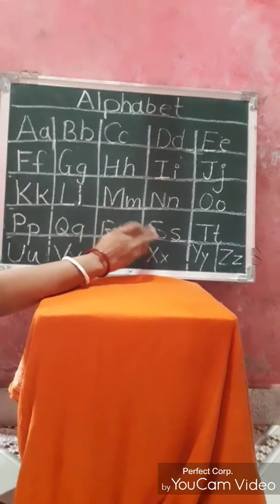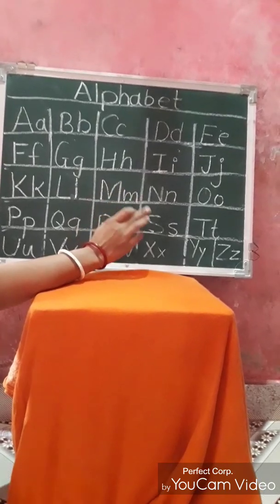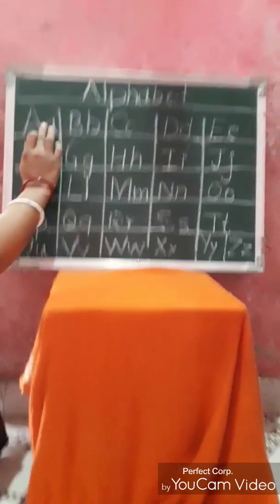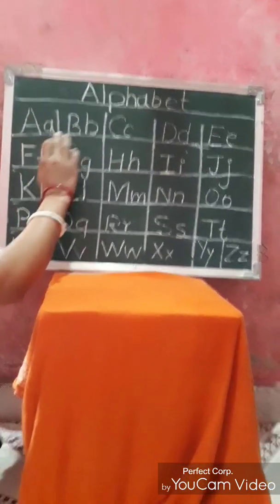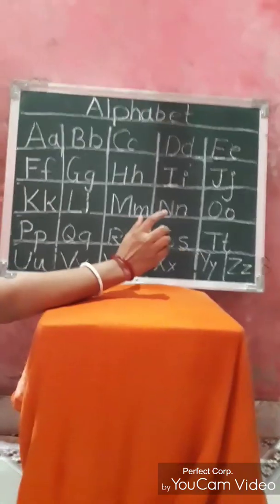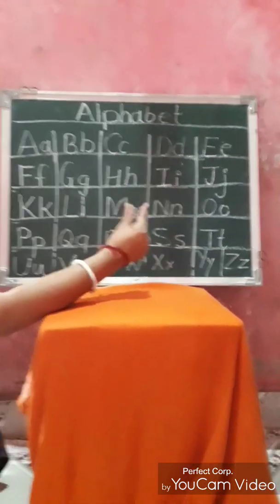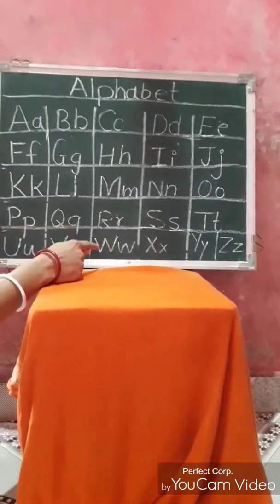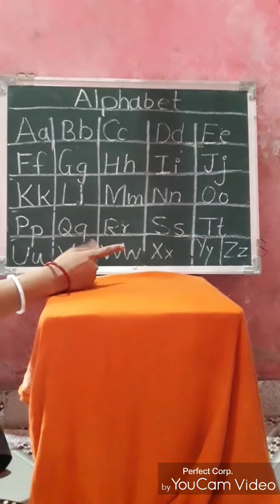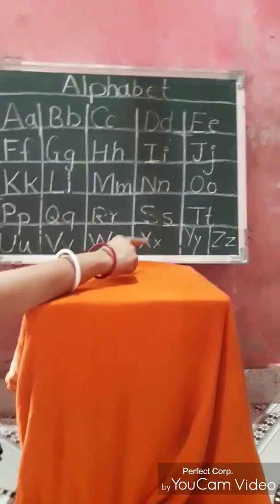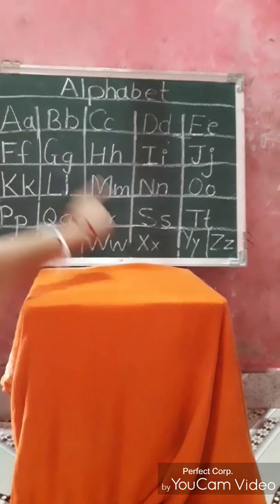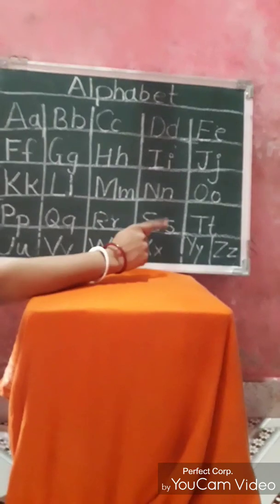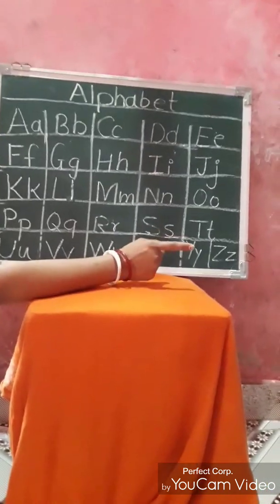The letters are written in a capital form and a small form, but the capital letters have the same height, and among the small letters some letters are big in size and some letters are small in size, and these alphabets are written in a particular order. When some letters are written here and there, then according to the knowledge of the alphabetical order, we can arrange them in their particular order.